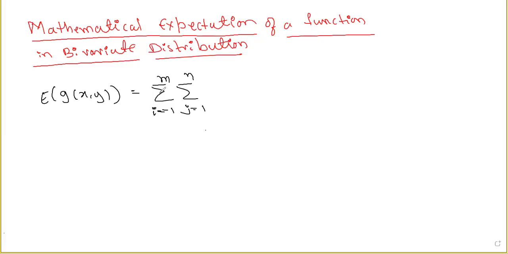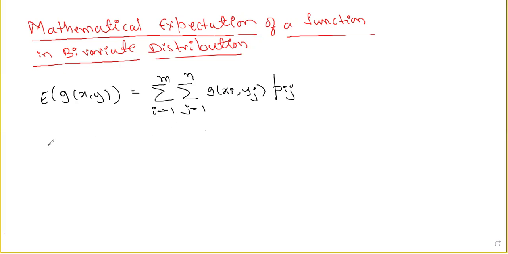So here g of x, y is there. Instead of that we have g of xi, yj into the probability p of i, j. So this is the mathematical expectation of a function of a bivariate distribution.